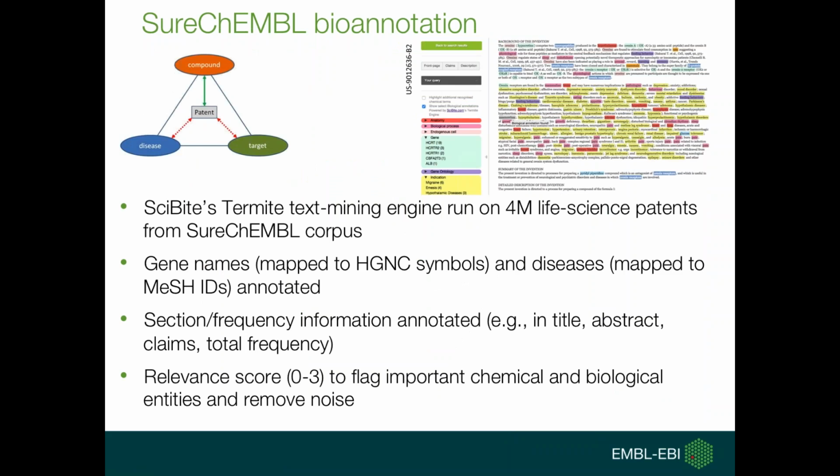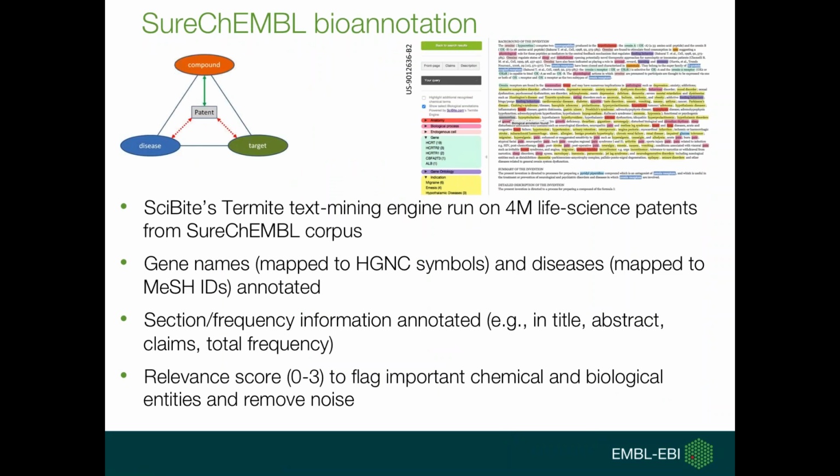So we used a commercial tool called Termite, which is provided by SciByte. So Termite is a biological entity recognition software, and we used 4 million life science relevant patents from SureChEMBL, and we ran Termite against it.